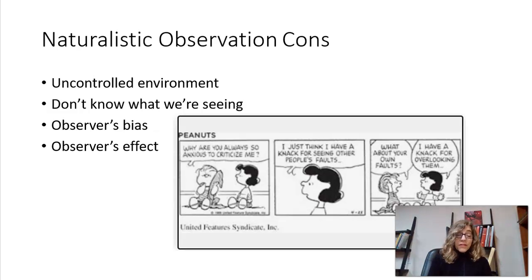There's also the observer's effect. So let's say that I want to study the mating habits of humans, right? So I recruit some couples for my research, and I go with them to their natural habitat, which might be their bedroom if we're studying sex. So I go to their bedroom and I say to them, don't worry about me, folks. Just have at it. I'm just going to sit here and take notes, and watch, right?